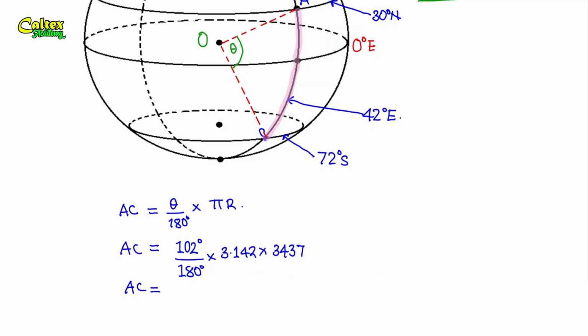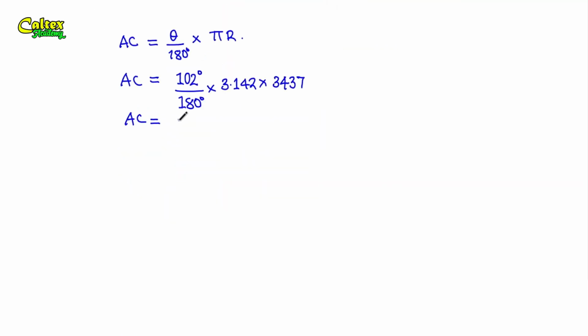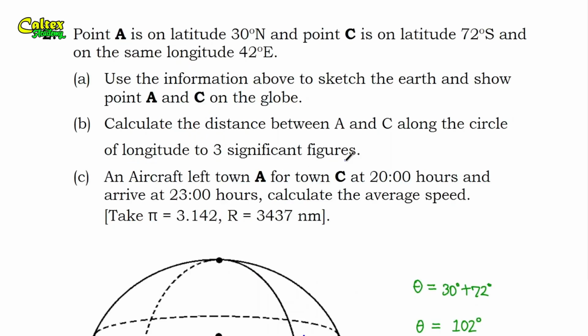So maybe we get some space here. So we have 6,119.463,933. So we can go on and approximate our results to 3 significant figures.